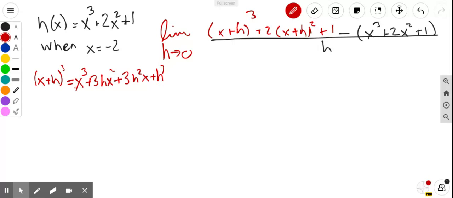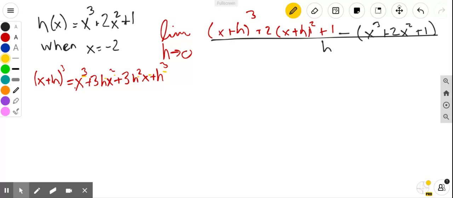All right, and let me explain how I know this. 3, 1 plus 2 is 3, 2 plus 1 is 3.